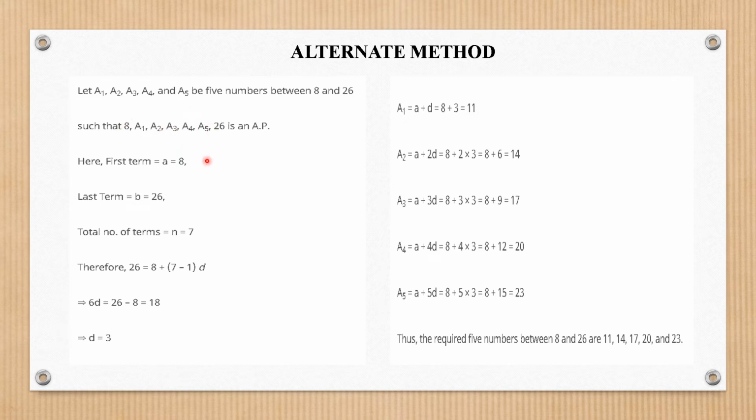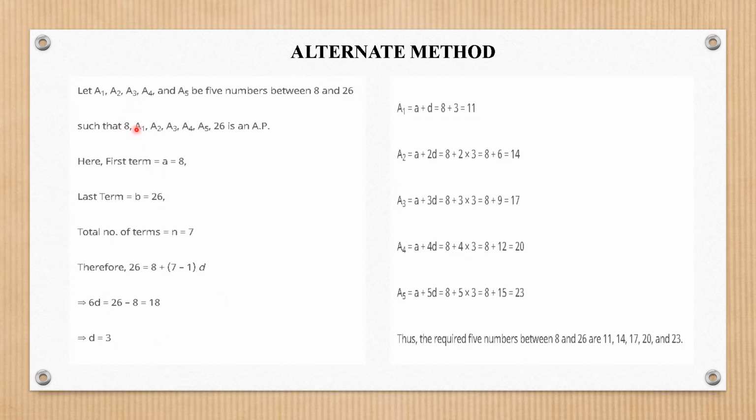So I will suppose the nth term is 26, but here I can easily calculate that this is the 7th term, which is 26. What is the formula for A7? A7 is equal to A plus (7 minus 1)D. I will place the value of A as 8 and A7 as 26, and n is 7, and I'll get the value of D as 3. Now the first term is A itself.